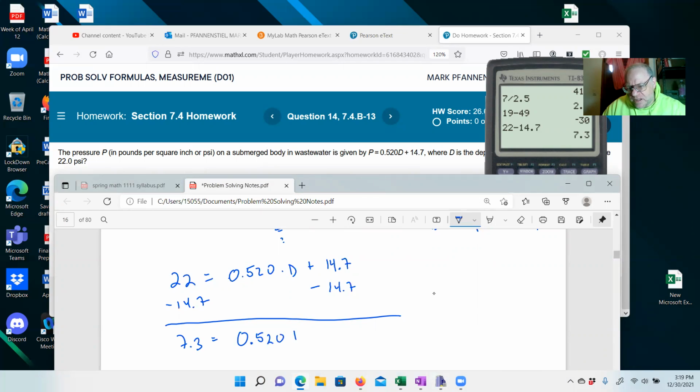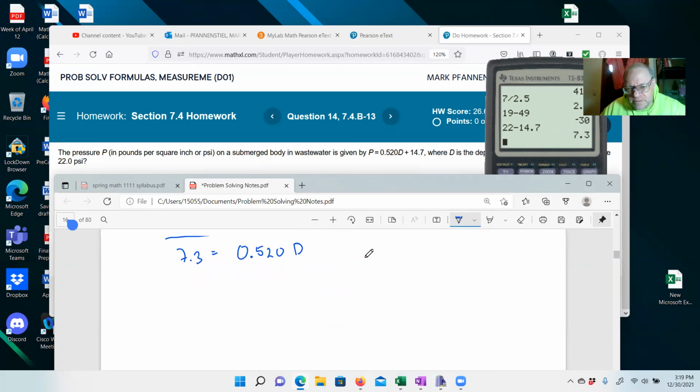I'll put it in anyway, but if you don't, nobody's going to chew your head off for it. Then we divide both sides by 0.52. Either way, the trailing zero doesn't change the number, so those are going to cancel.